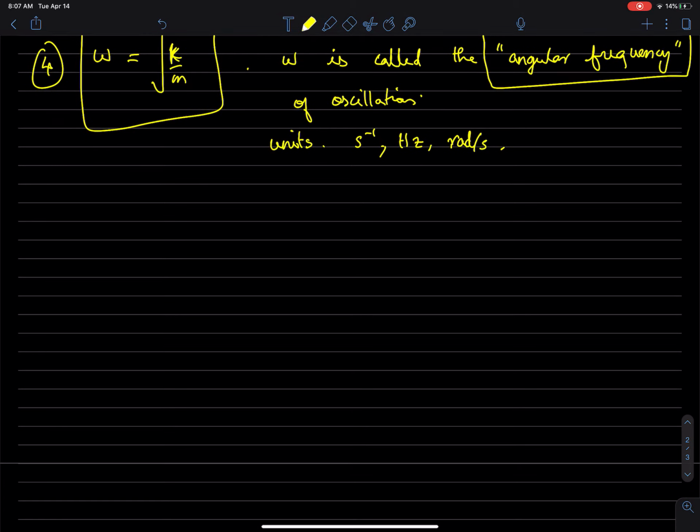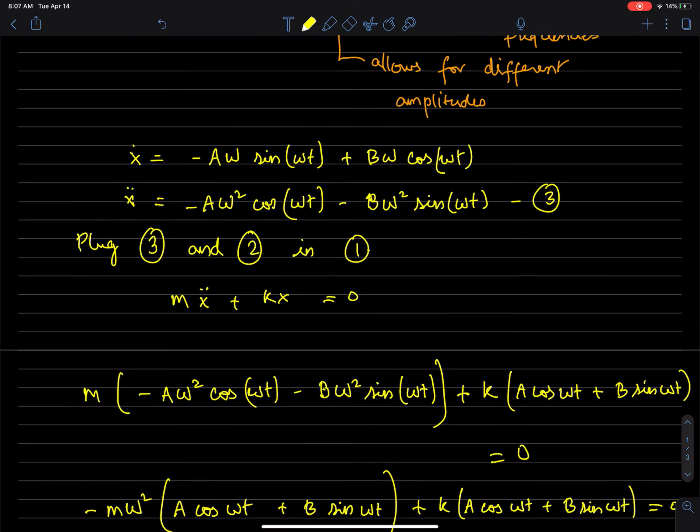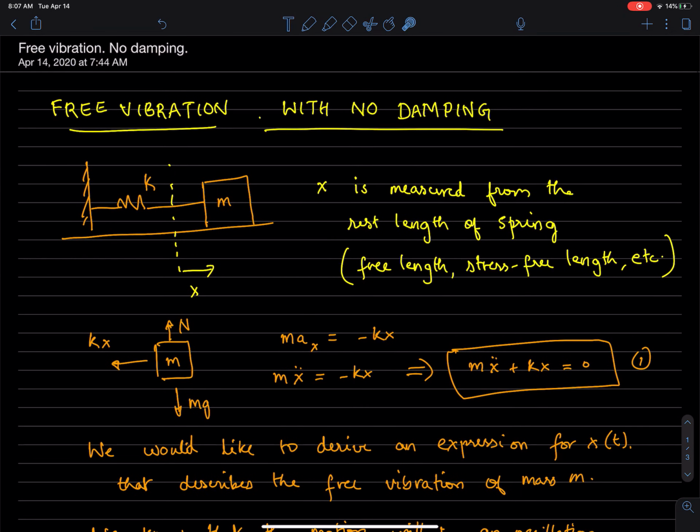You can see that omega increases with increasing k. In other words, if you increase the stiffness of this object, it will oscillate with a faster frequency.